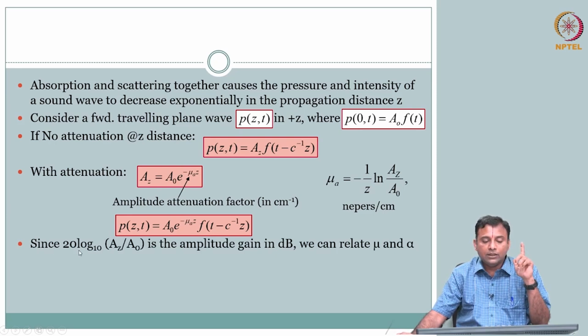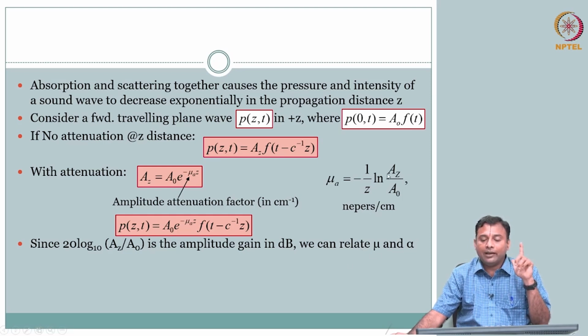So let us see. Since 20 log 10 of Az by A naught is the amplitude gain in dB, a straightforward definition, Az by A naught, 20 log 10, because it is amplitude. If it is 10 log, then it is power loss; it is 20 if it is amplitude. We know the attenuation coefficient alpha was in dB.